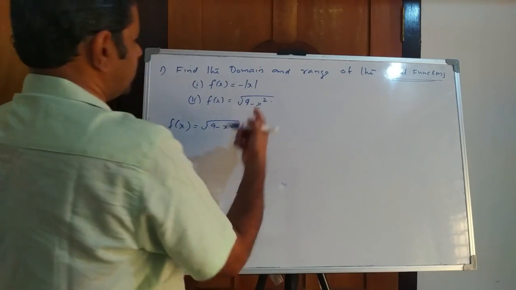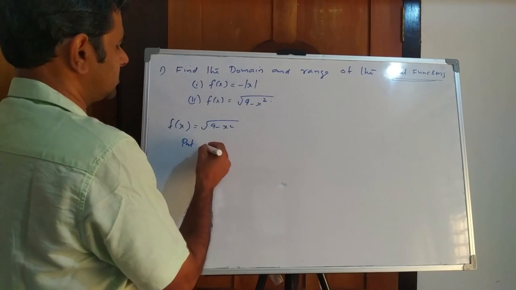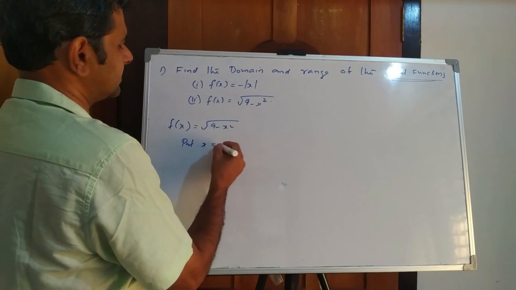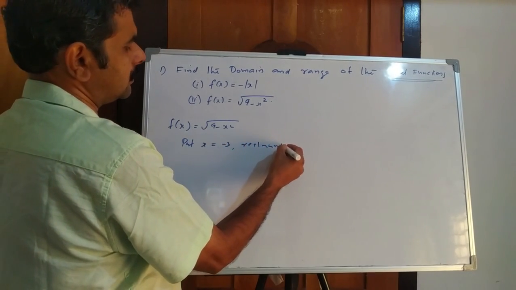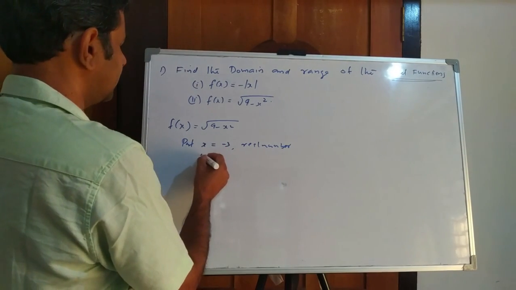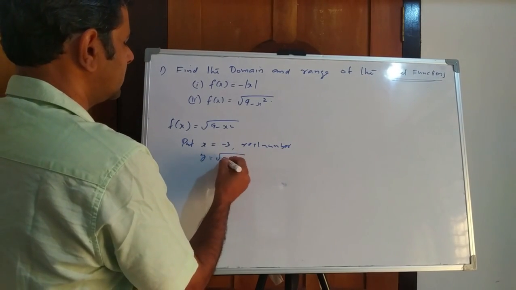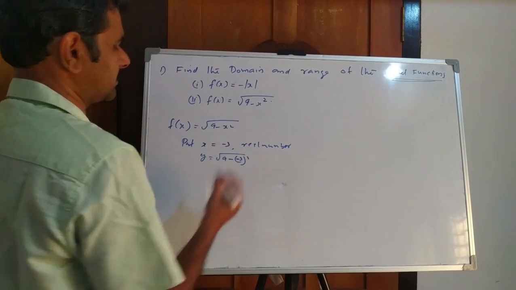f(x) equal to root of 9 minus x square. Put, for example, x is equal to minus 3. It is a real number. Then what is y? y is equal to root of 9 minus (minus 3) square.